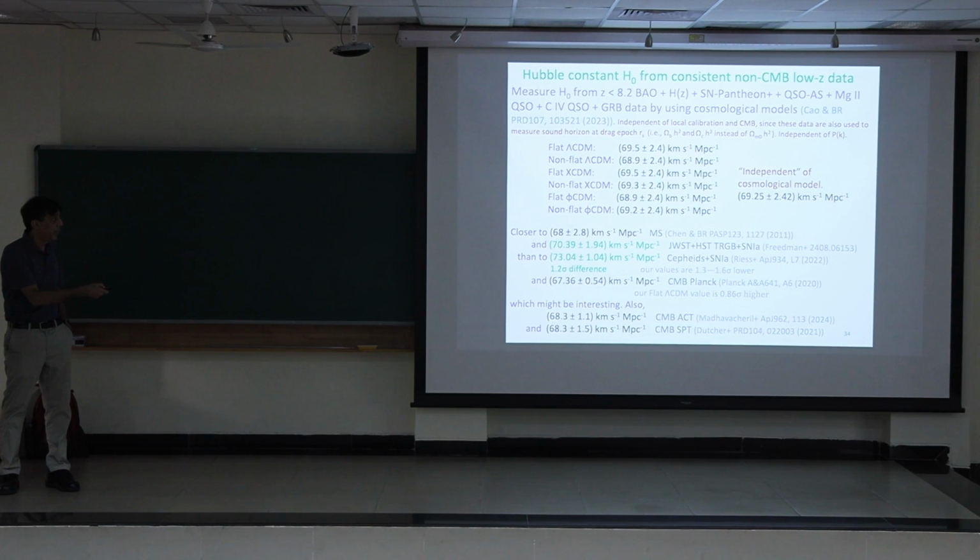That's why these error bars are plus or minus 2.4, that's why they're pretty big. Yeah, I'm measuring the distance in a model-dependent way, but there's almost no difference. It's so small. It contains the Pantheon plus supernovae, but it does not contain the Cepheid calibration or the tip of the red giant calibration of those supernovae.